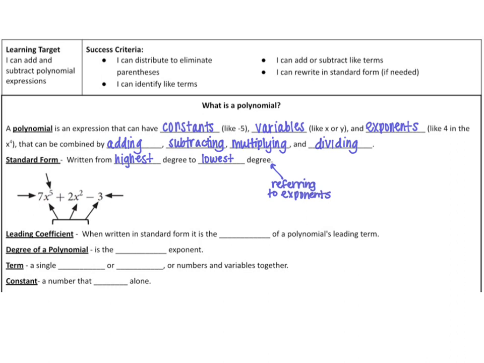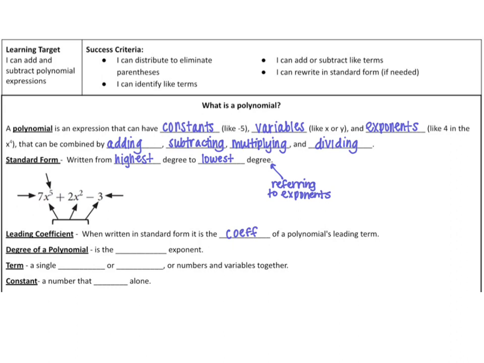The leading coefficient, when written in standard form, is the coefficient of a polynomial's leading term. So I'm just going to write it is the coefficient of a polynomial's leading term.